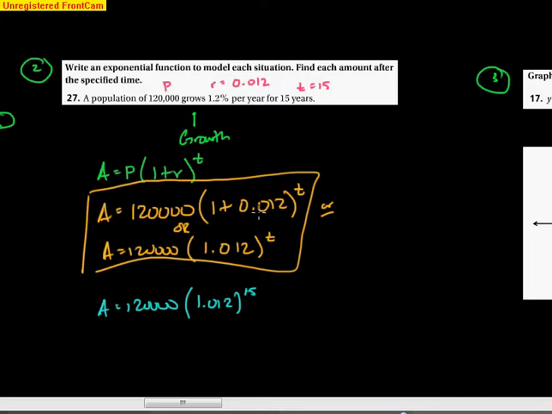And when I plug this in my calculator, 120,000 times 1.012 raised to the 15th, I get something like 143,512. And that would be people because it's a population. So 143,512 people. Okay, so there's a growth model.